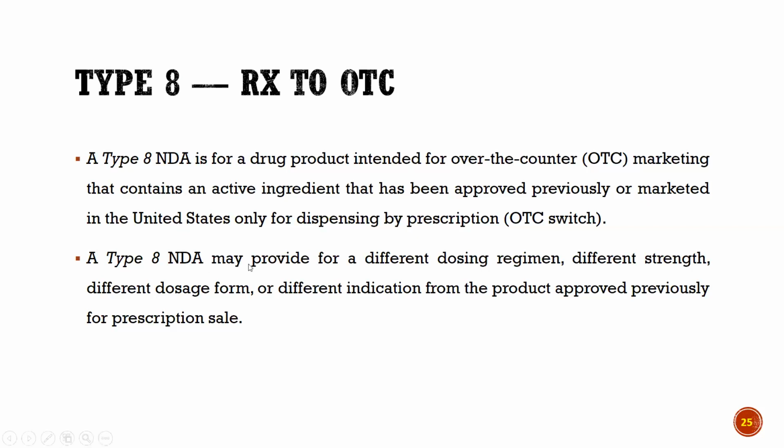A type 8 NDA may provide a different dosing regimen, different strength, different dosage form, or different indication from the product approved previously for the prescription set. Whenever you are changing this pharmaceutical product from the prescription to the over-the-counter medicine, in that case, we can file under the type 8.